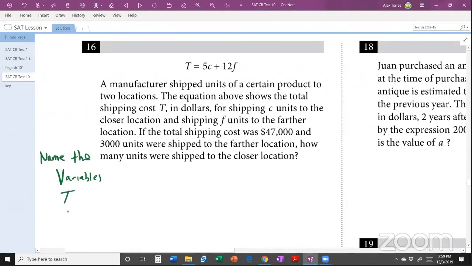So what are T, what are C, and what are F? T is the shipping cost. F is the number sent to the farther location. Farther or further? Oh, okay. F is the one sent to the farther location, and C is the number sent to the closer location.